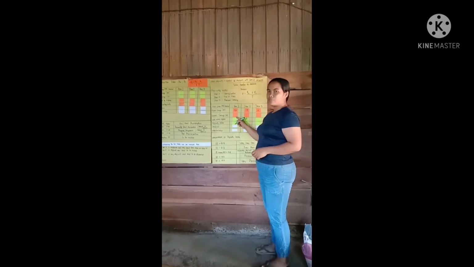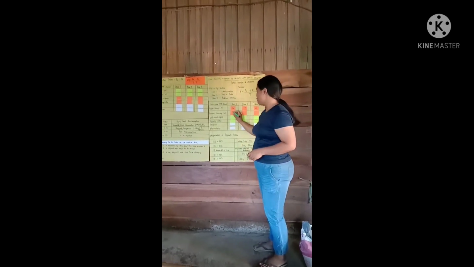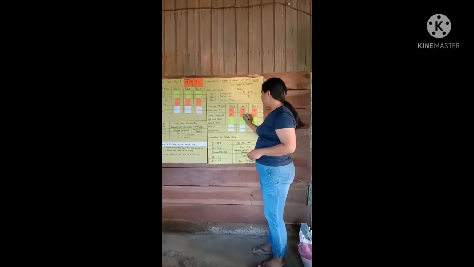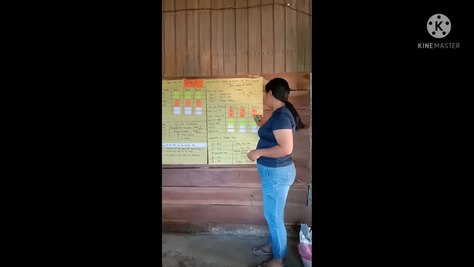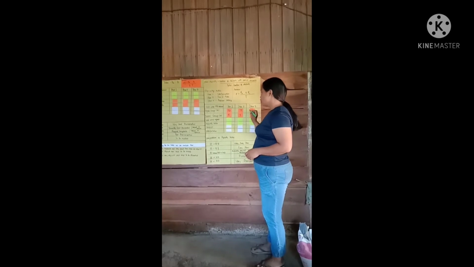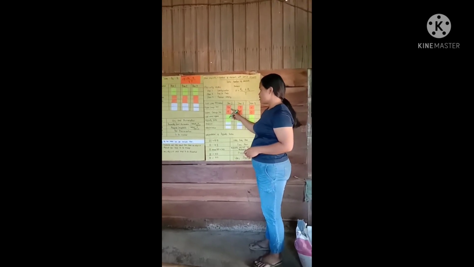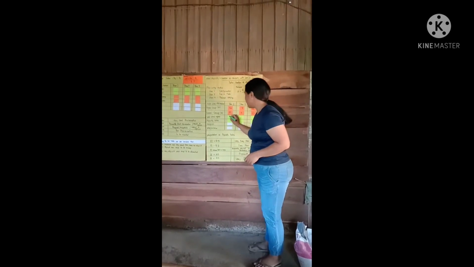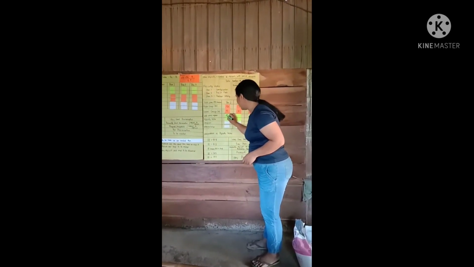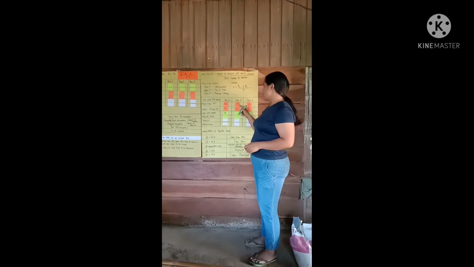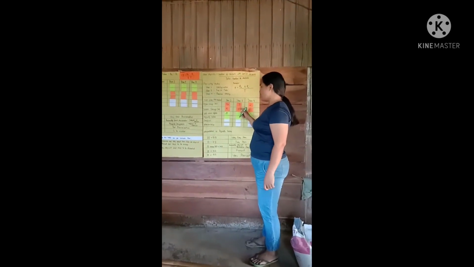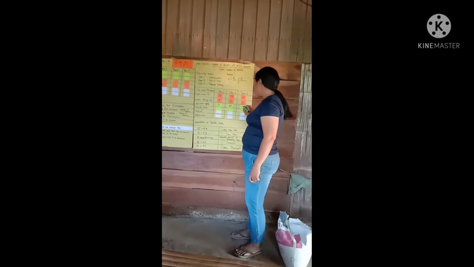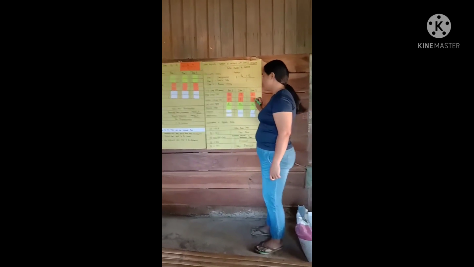So, in the lower group naman, only 5 get the correct answer in item 1, and 3 in item 2, and 0 in item 3. So, the total correct response is 16 plus 5, we have 21 over 40. And we have here also in item number 2, 7 plus 3 equals 10. And of course, we have here 2.